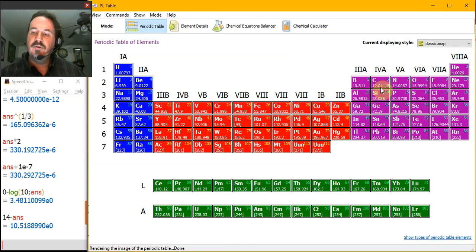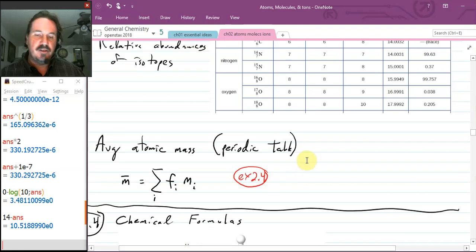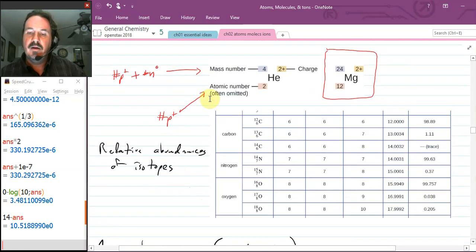If I go back and look at that table of isotopes we were just looking at, carbon has these different masses: 12.000, 13.0334 for that isotope, 14.032 for that isotope. And yet on the periodic table, I don't see exactly 12 or exactly 13.0334 or exactly 14.